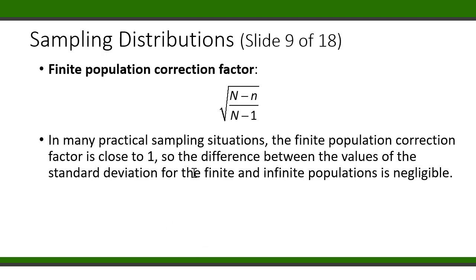A lot of times that correction factor is very close to 1, so the difference between those values of the standard deviation for infinite and finite populations is negligible. So a lot of times people will just drop this and go with the other calculation.